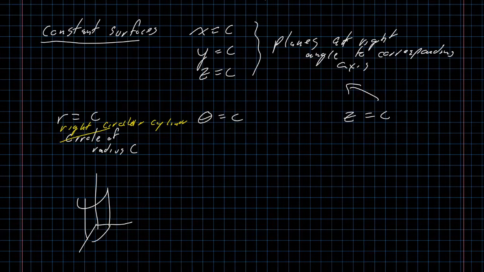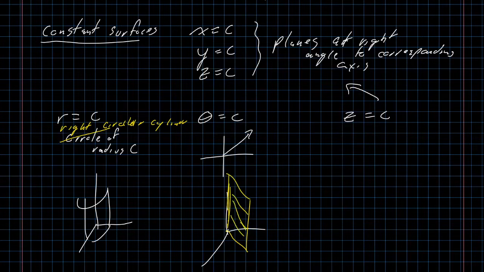In 2 dimensions, theta equals c gives us a half a line. Right? It's a line that points from the origin out in one direction. It's a ray. In 3 dimensions, this one is the hardest thing to visualize of everything. But in 3 dimensions, we're going to have that line, and it's going to extend up and give us a plane. But again, only half of a plane.